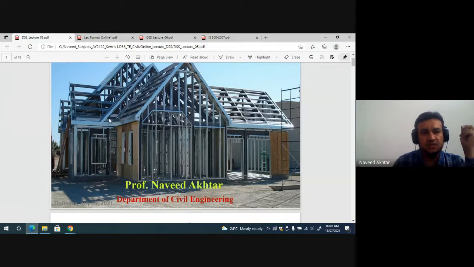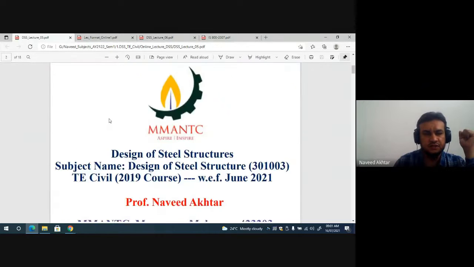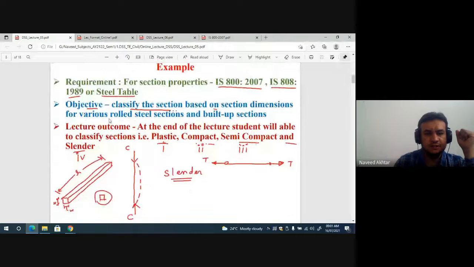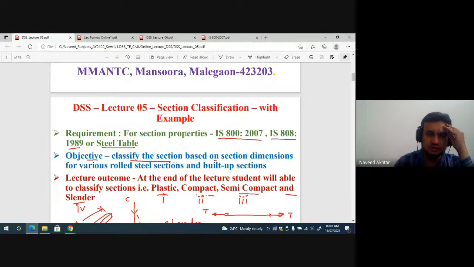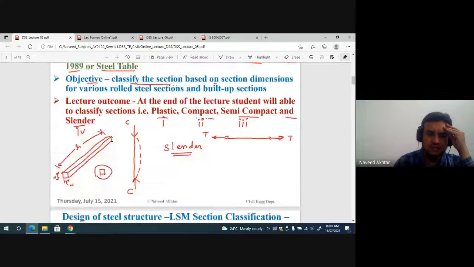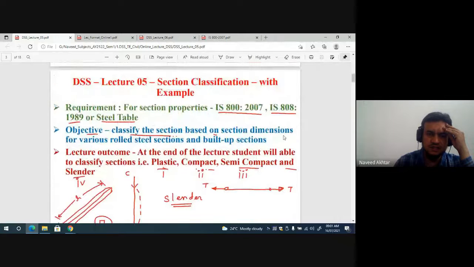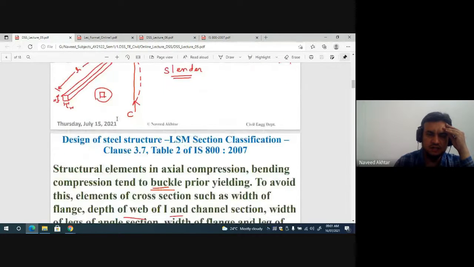So in the previous class, lecture number 5, we have seen the requirement for section and properties as per IS 800:2007, the steel table IS 808:1989, and SP 61.